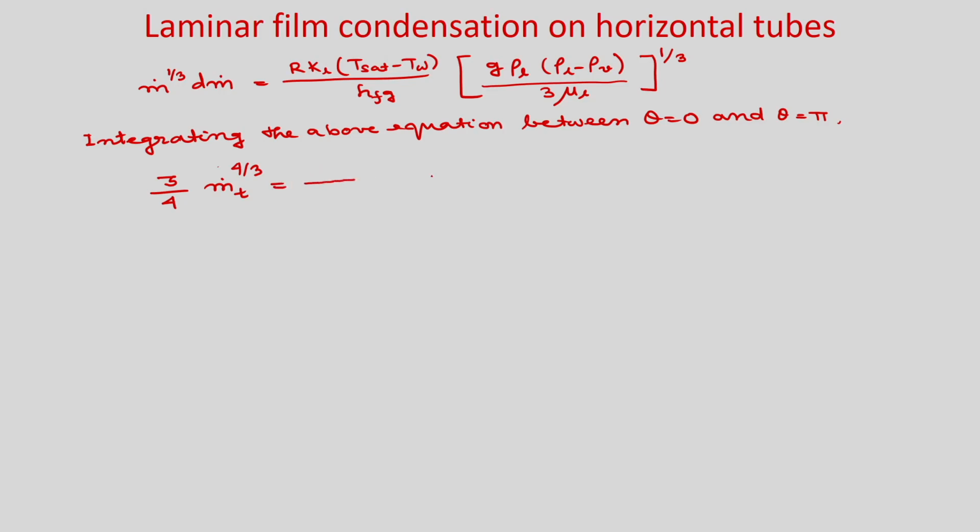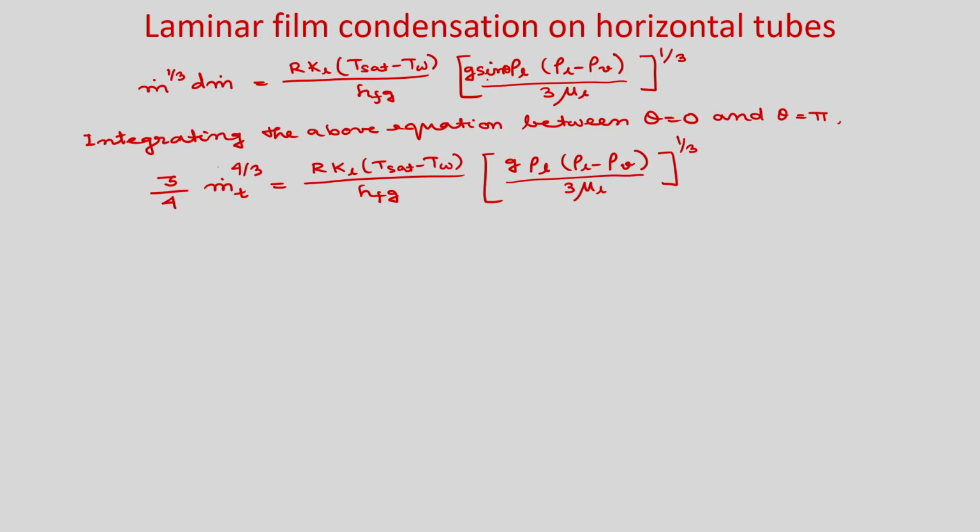So, it will be just r k L (T sat minus T w) divided by h fg, into g rho L, and here it will be g sin theta. So, it will be g sin theta, then g rho L minus rho v divided by 3 mu L, to the power 1 by 3.